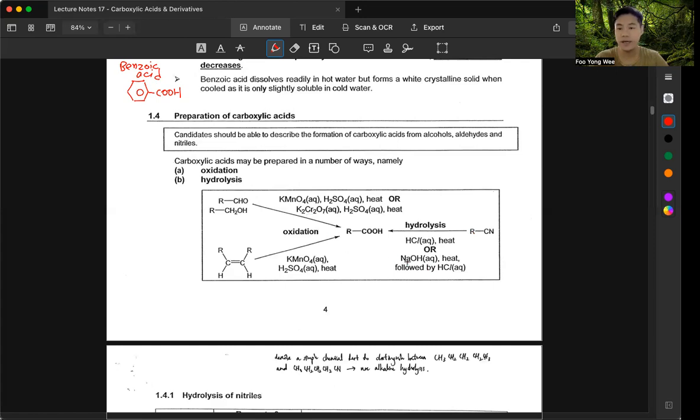If you use the alkaline, it will form the salt first, so you need to add acidification to convert it back to COOH. So this is hydrolysis. Alkaline hydrolysis, you need to add acid to form the carboxylic acid. Unless you want the salt, then you just use sodium hydroxide without the acid subsequently.